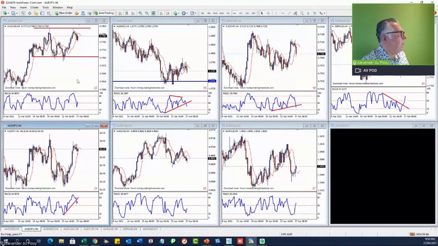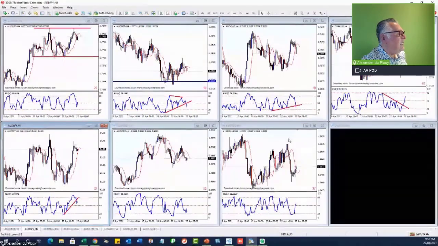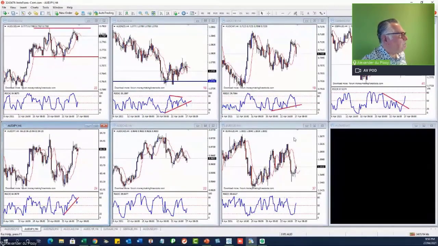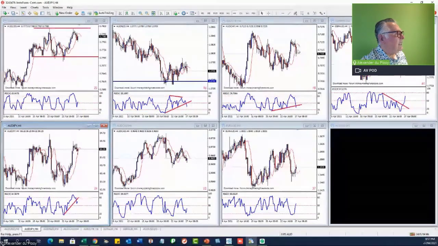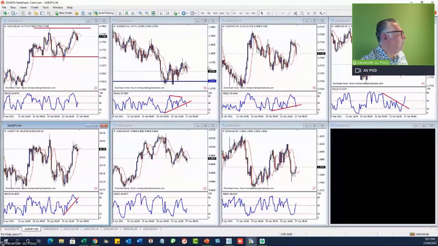So I can compare all of the Aussie crosses, and firstly that will give me patterns. I can see if the Aussie is weakening. Like at the moment, it looks like it's weakening in terms of many of its trading partners. Also, I can analyze more currencies that way based on the 4 hour.